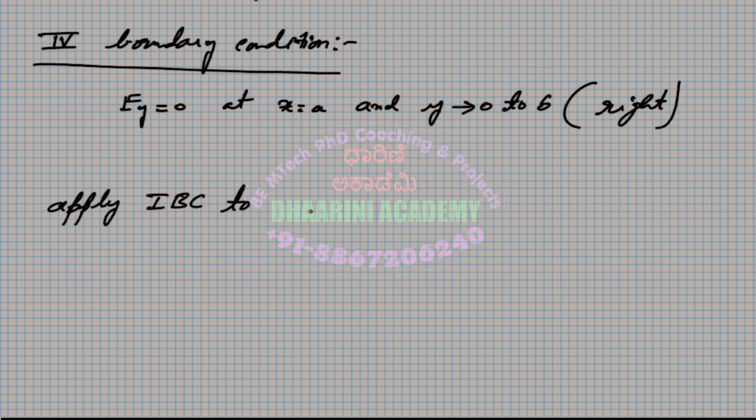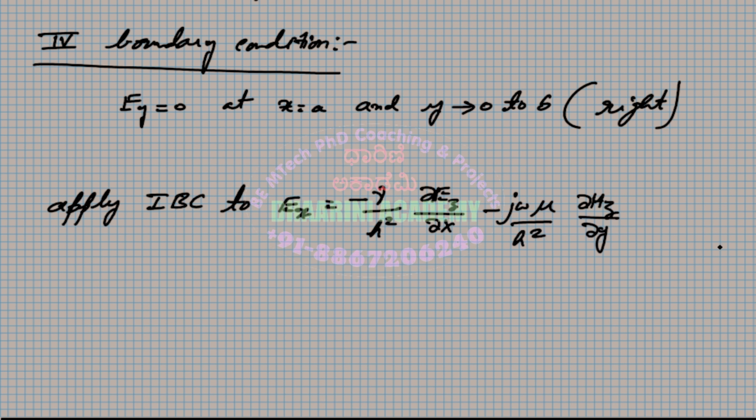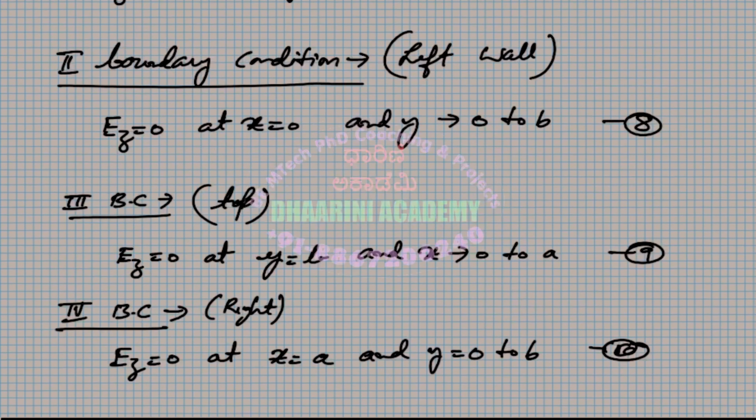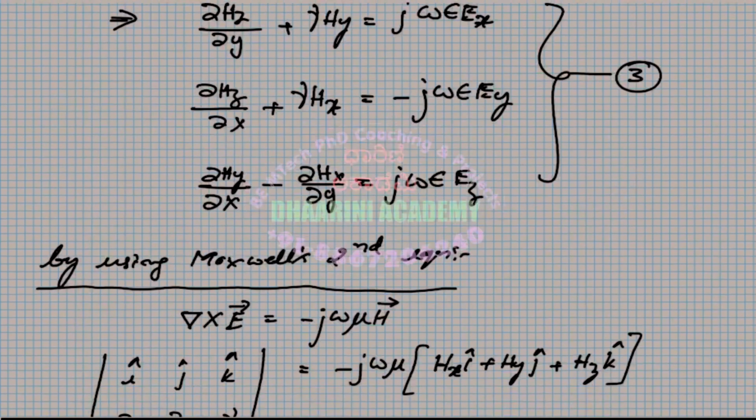We had one equation: Ex is equal to minus gamma divided by h squared dou Ez by dou x, minus j omega mu divided by h squared dou Hz by dou y. This is the standard equation for any mode of wave that is propagating inside the rectangular waveguide.